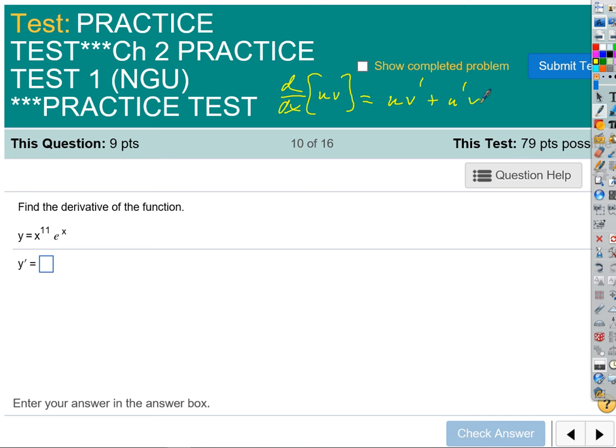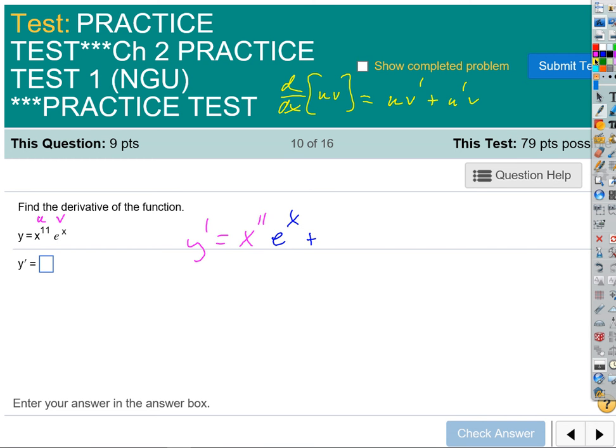So on this one, what's my u? My v is e to the x, I'm just following that rule, right? So y prime just equals u, which is x to the 11th, times dv. Well, what's v prime? What's the derivative of e to the x? Yeah, e to the x.